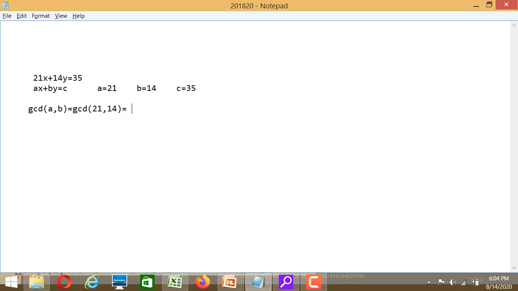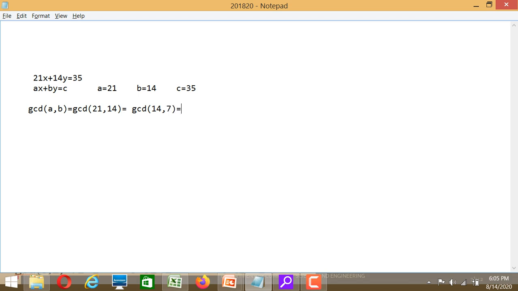As per the Euclidean algorithm, this is equal to GCD of 14 and the remainder after dividing 21 by 14. 14 ones are 14, the remainder is 7.